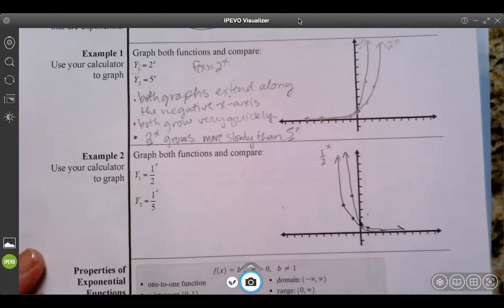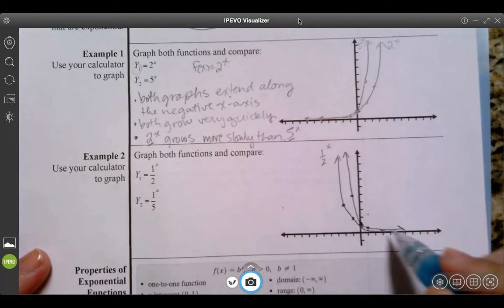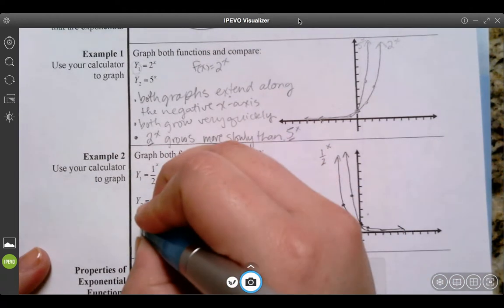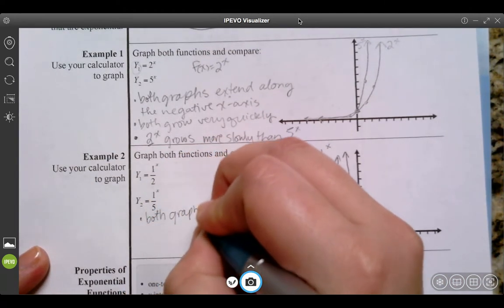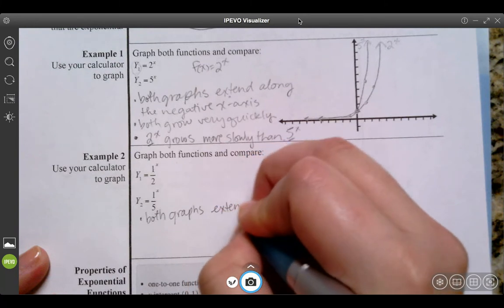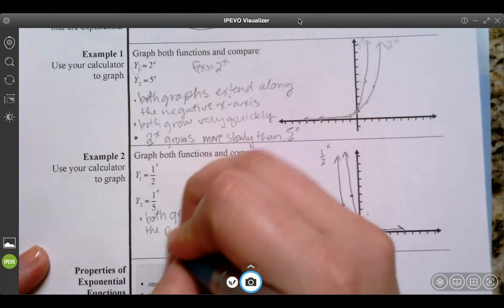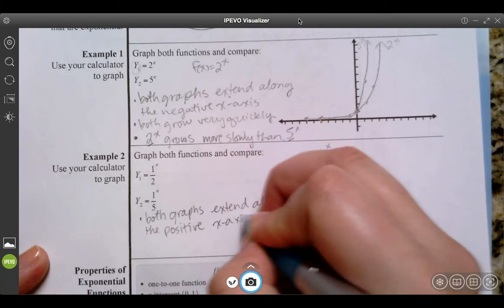Okay, so again, we want to compare these. But now, notice the graphs are decreasing very rapidly. So now we can say both graphs extend along the positive x-axis.